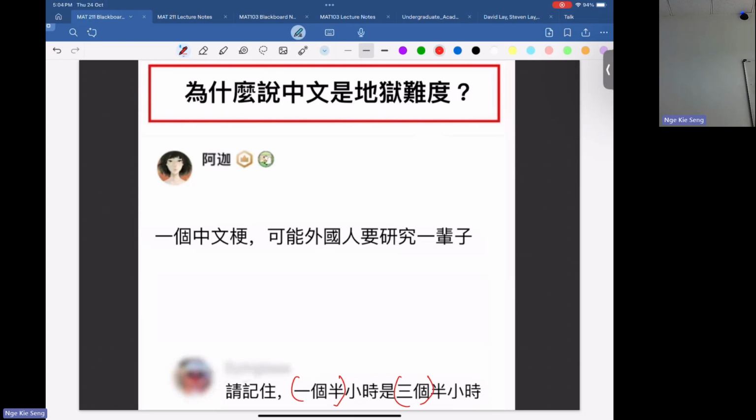Language is not associative. Later, when we learn free groups, we also learn using language and words.